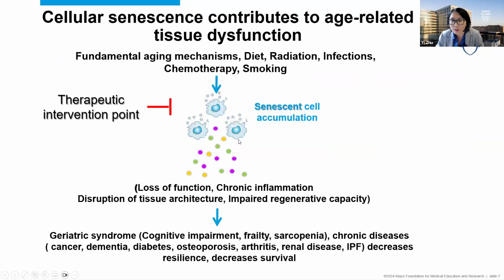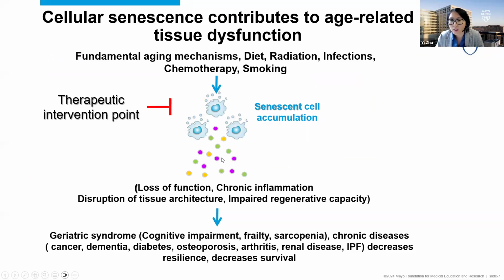how they induce diseases, as you can see from this flow: when we get stress, either internal, like diet or chemotherapy, or outside stresses, there is accumulation of senescent cells, with an increase of their SASP in the local tissue.